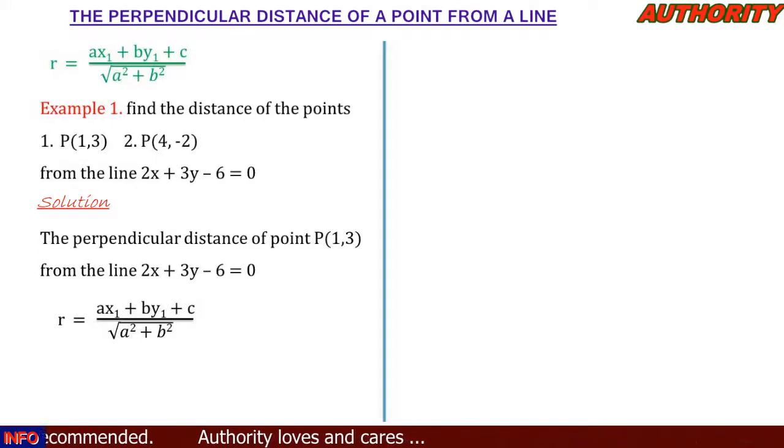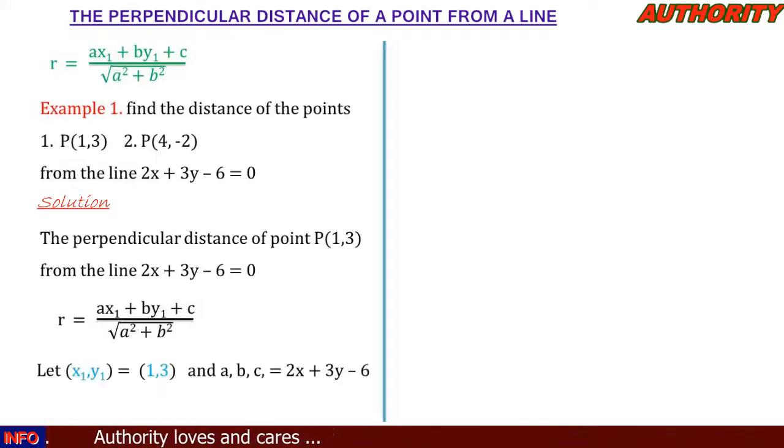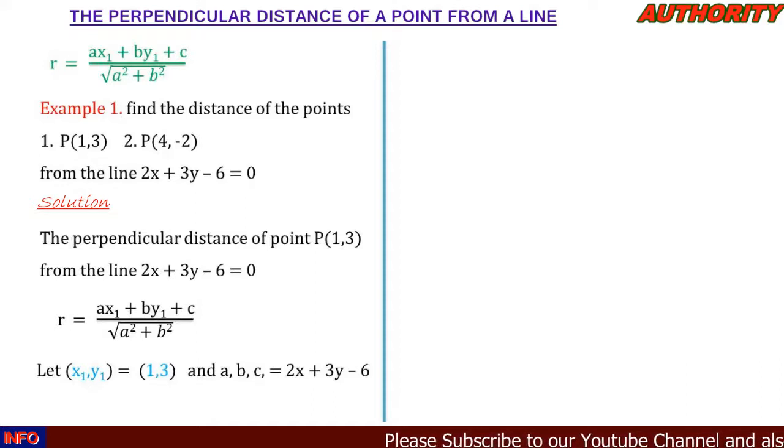Now let x1, y1 be the point given to us, (1, 3). That means 1 is x1 and 3 is y1, and then a, b and c come from the line 2x plus 3y minus 6.